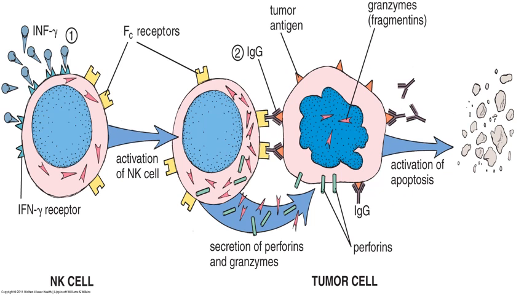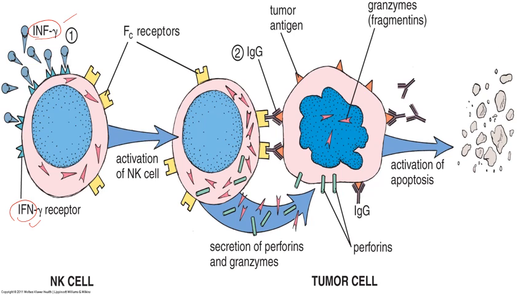IFN gamma, interferon gamma, sometimes it's INF, doesn't matter, it's the same thing. So you'll notice that we have IFN down here and INF up here, so whatever. IFN gamma is the one that activates the NK cell, and what it does is wait until it encounters this antibody antigen complex.